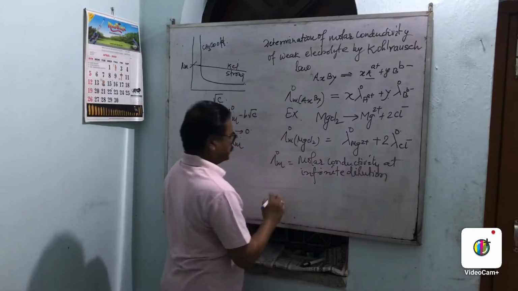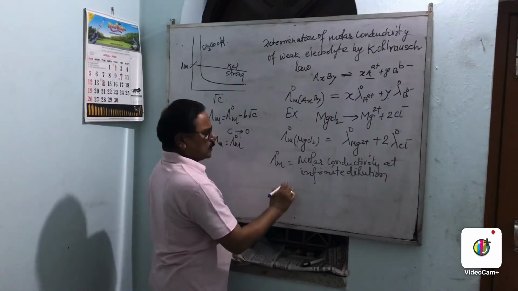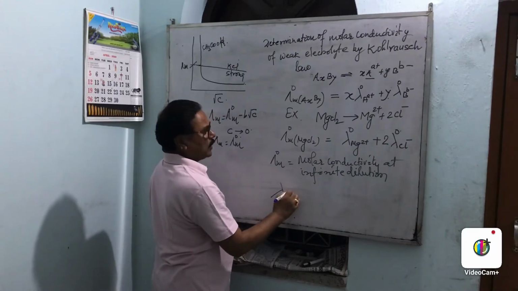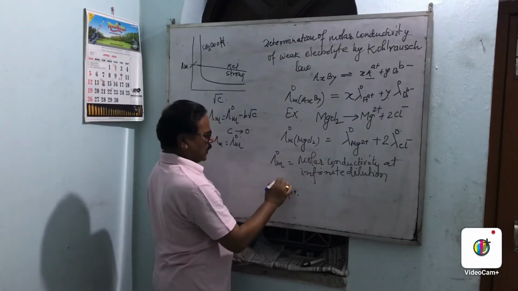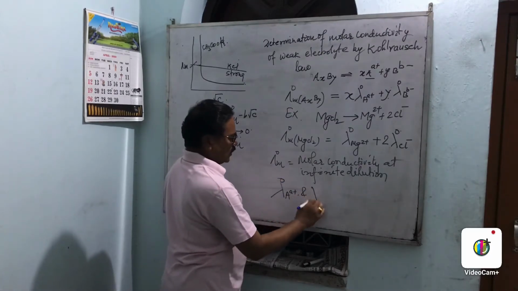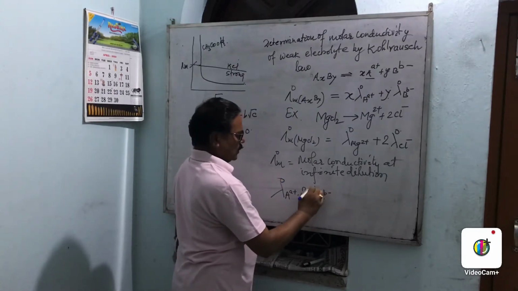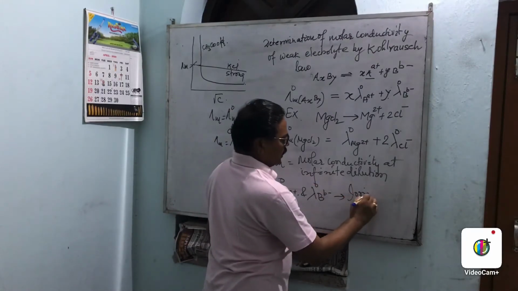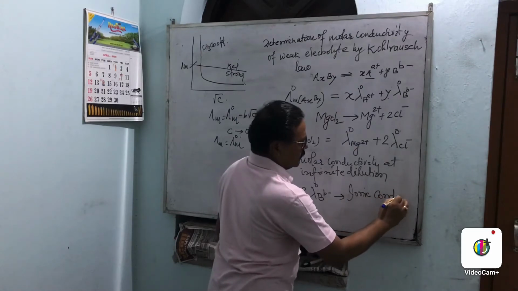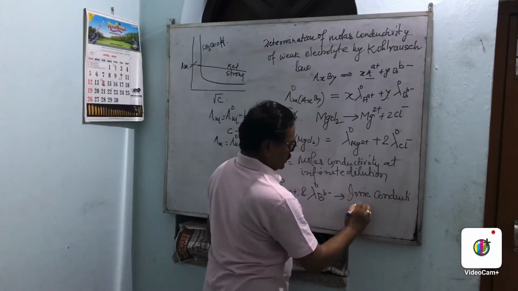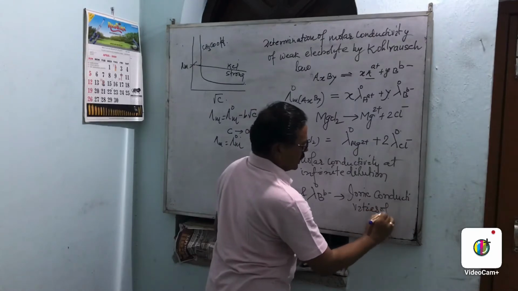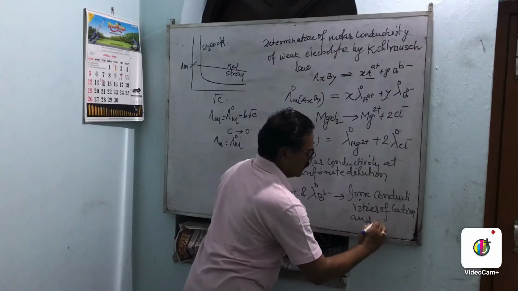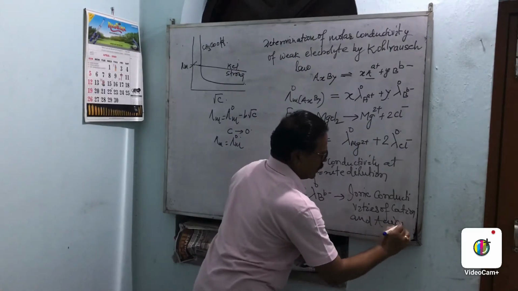And this lambda A plus, similarly lambda B minus, with the charge over it, is equal to the ionic conductivities of the cation and anion at infinite dilution.